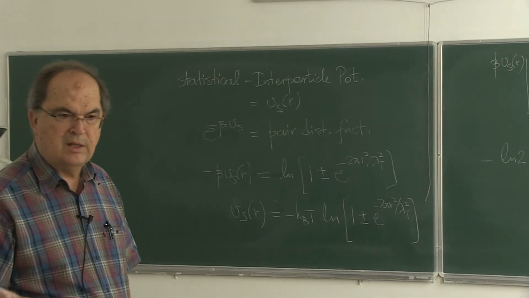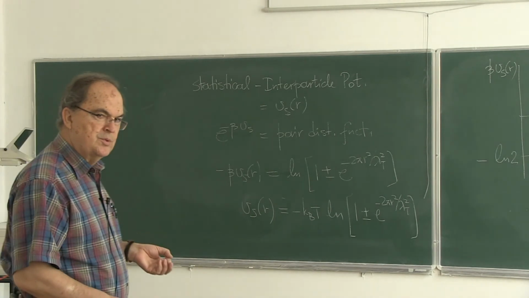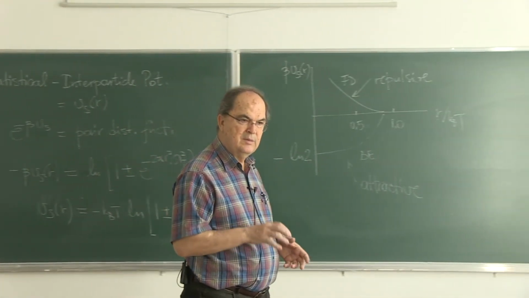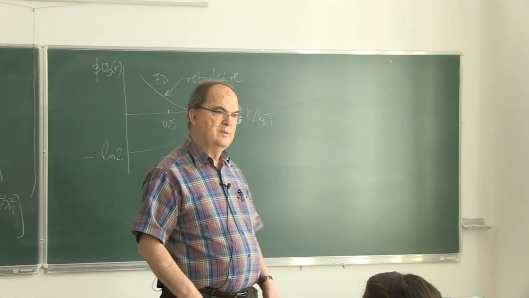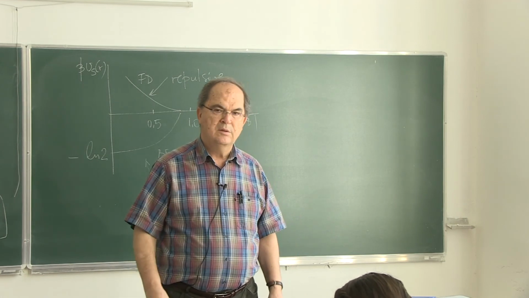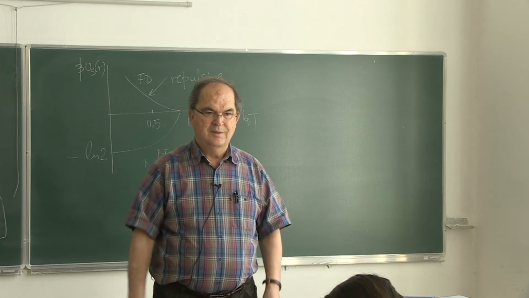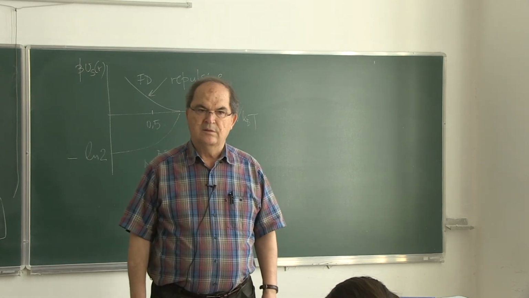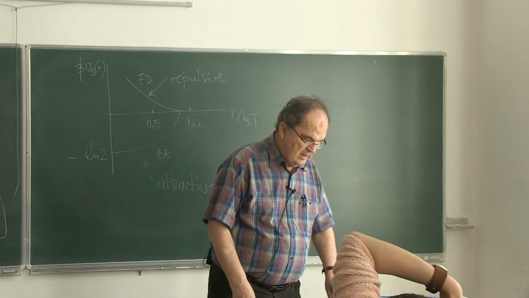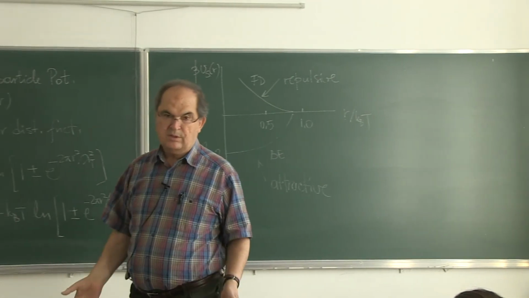You should understand this. Those forms of those functions tell you something about the behavior of particles. When you put them together, some are avoiding each other, some are getting together. Extremely important.